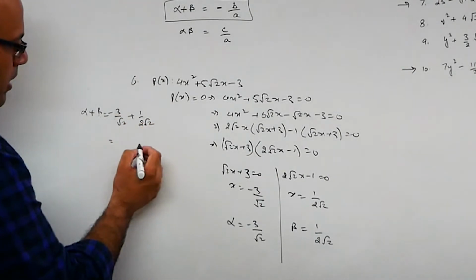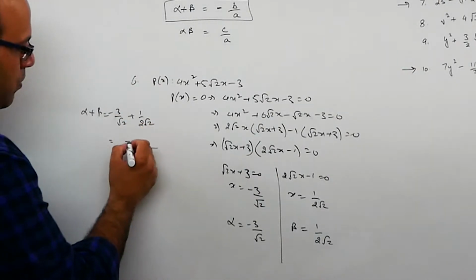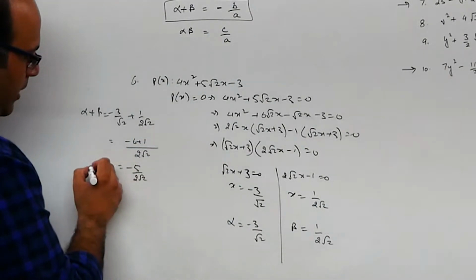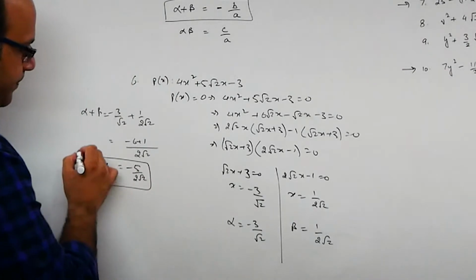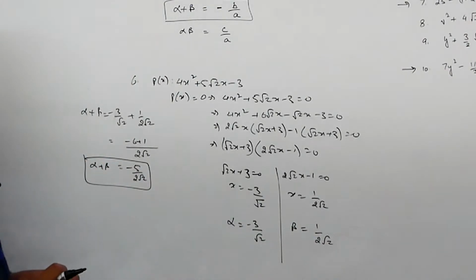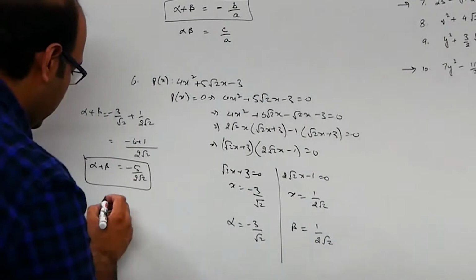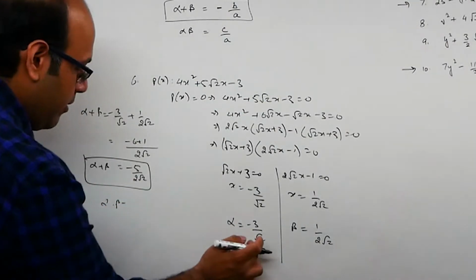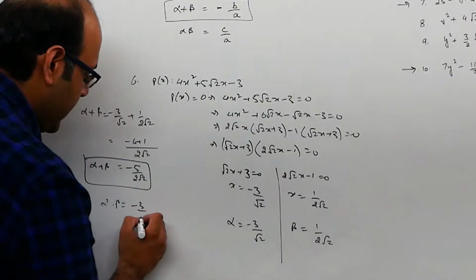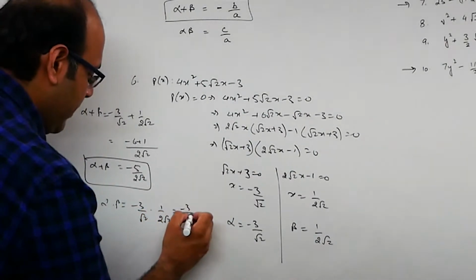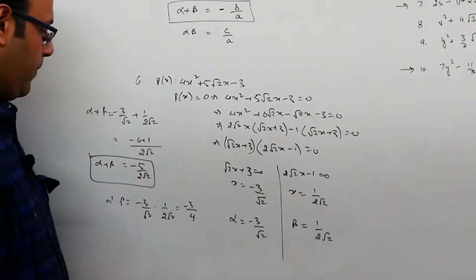This is going to be minus 6 plus 1 upon 2 root 2, which is negative 5 upon 2 root 2. That's alpha plus beta over here. And if I want to calculate alpha into beta, it will be minus 3 upon root 2 into 1 upon 2 root 2, which is negative 3 upon 4.